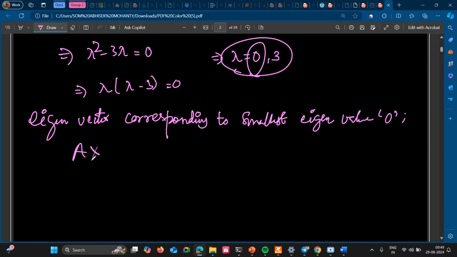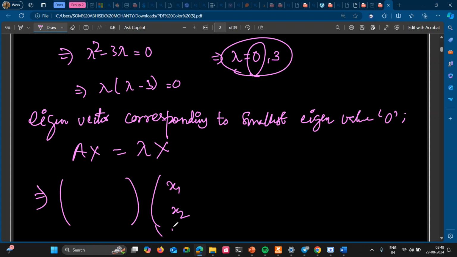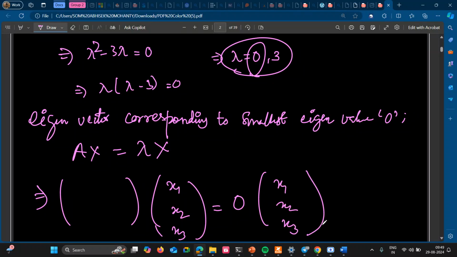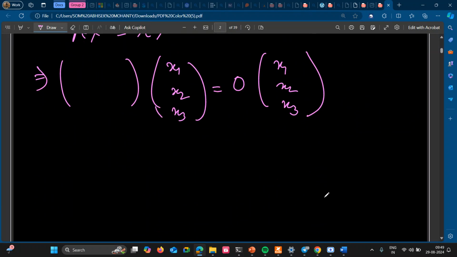We know Ax is equal to lambda x, where x is the eigenvector. So A is the matrix. X is, suppose, x1, x2, x3, since this is a 3 by 3 matrix, is equal to lambda, which is 0, times x1, x2, x3. Correct?